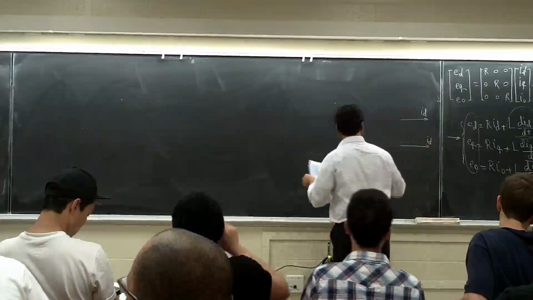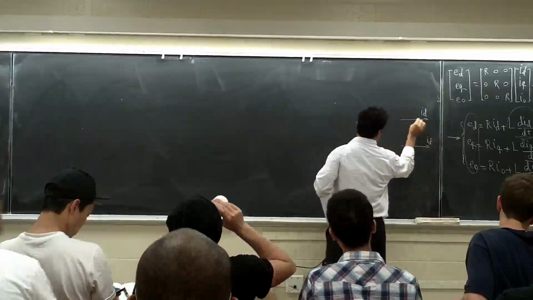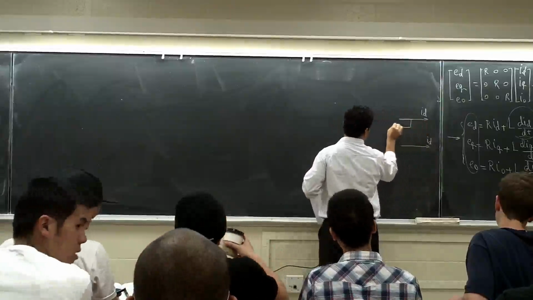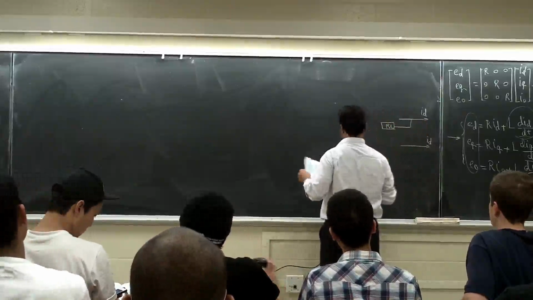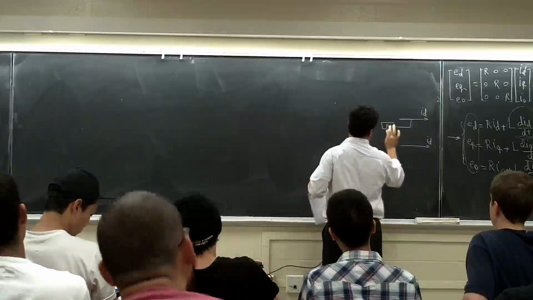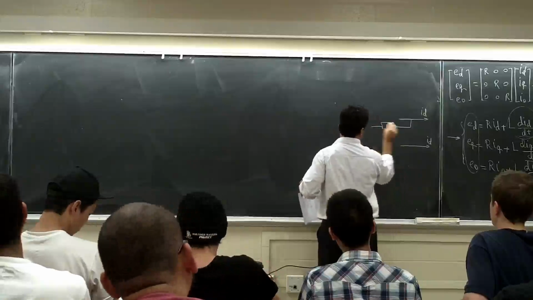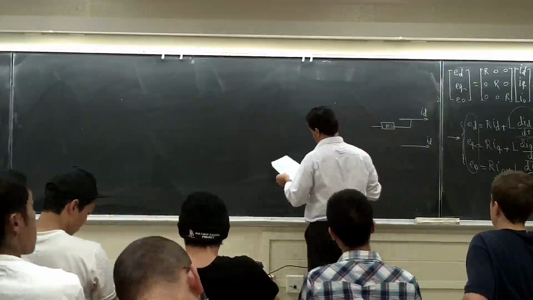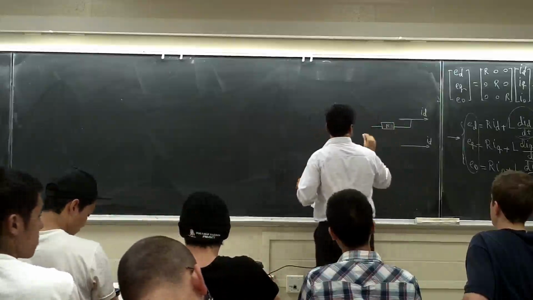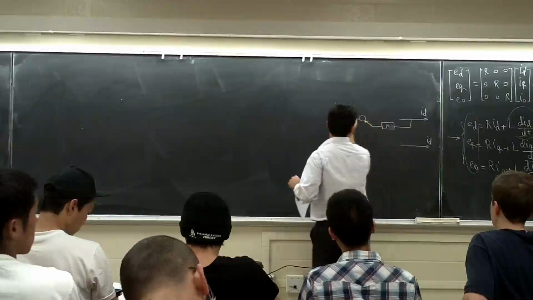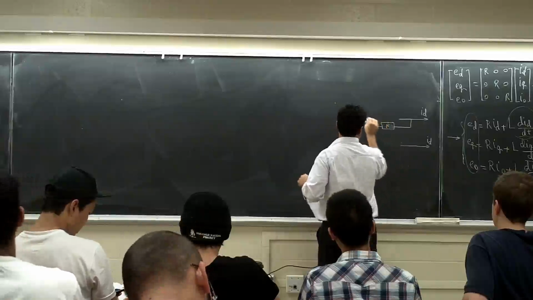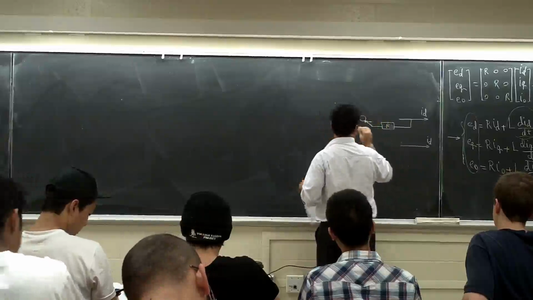So I'm going to get the ID value times R over L. Or let's put R here and the L in here. This is 1. Let's put this one here. This one comes with a negative sign.